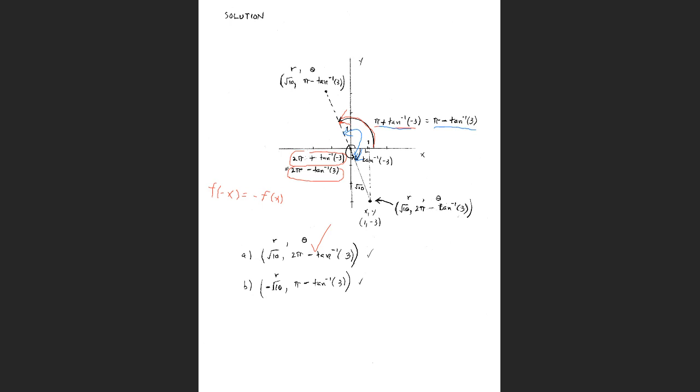And then you move back a distance of √10, and that gets you right where you need to be at that point again. So this one's a little tricky. Let me give you a moment to copy it down and see if you have any questions. But everybody always has questions with this one, so I wanted to do this example. All right, let me give you a moment to copy it down.